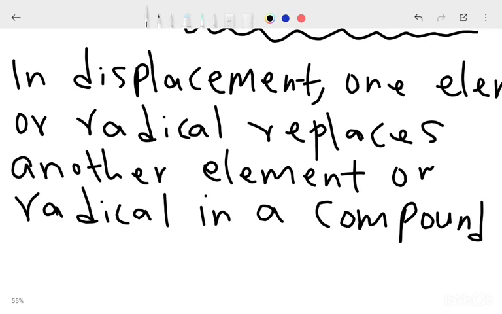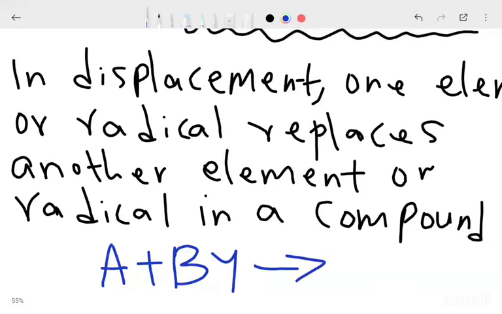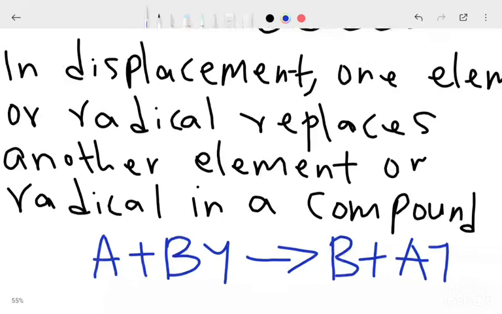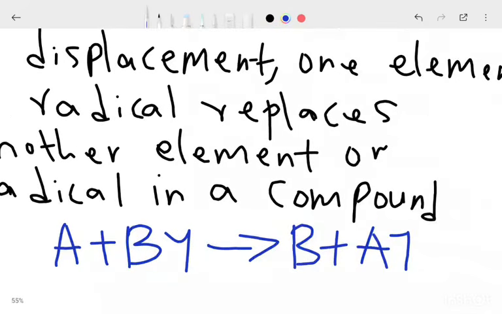Now let's give an example. Let's say we have A reacting with BY to form what? If we take out B, then A, Y. So what just happened here?